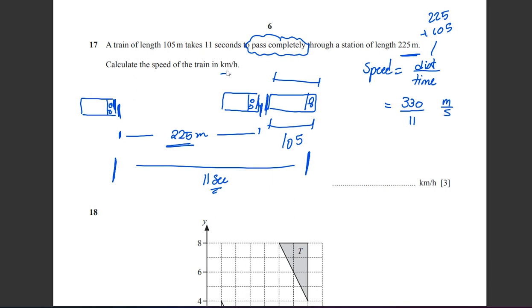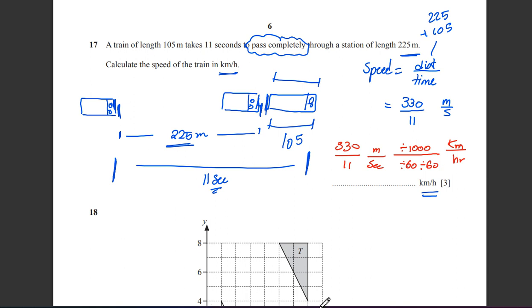There are a lot of ways to convert this. I needed kilometer per hour and it was meter per second. So from meter to kilometer, I am going to divide by 1000. And from second to hour, I am going to divide by 60 for minute, then 60 again for hour. And then I can type all of this on the calculator.